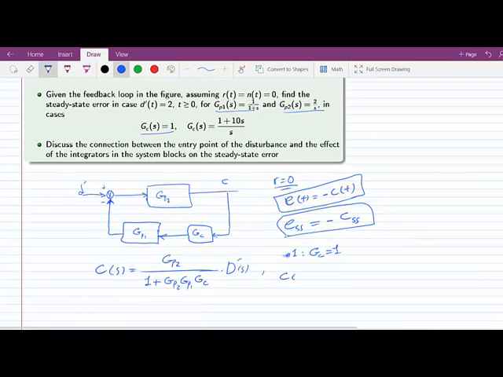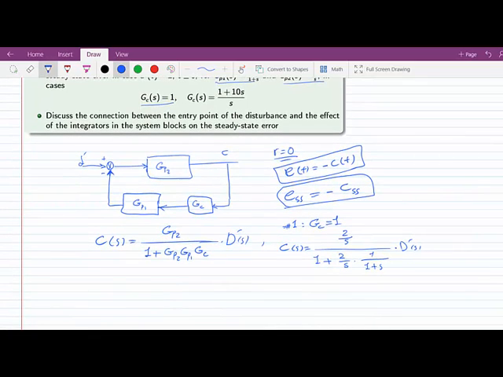As a result, C will be given as (2 over s) over 1 plus (2 over s) times Gp1, which is 1 over 1 plus s, times d prime of s. And we also know that d prime of t is equal to 2 for t bigger than or equal to 0. As a result, d prime of s will be equal to 2 over s.